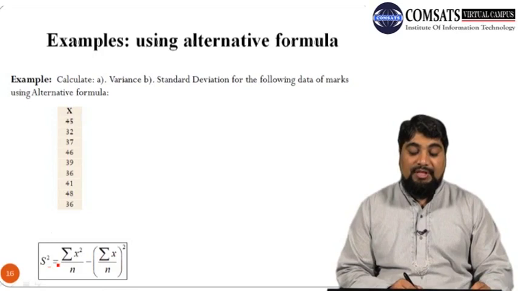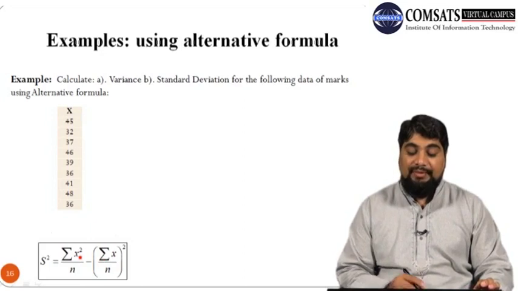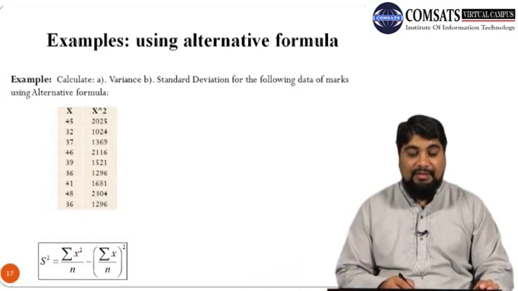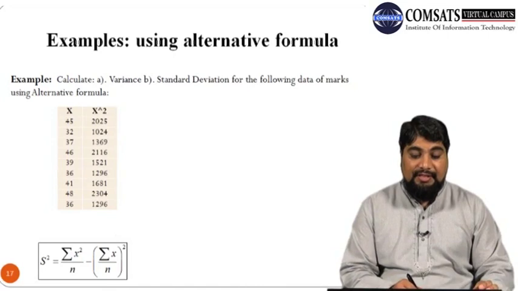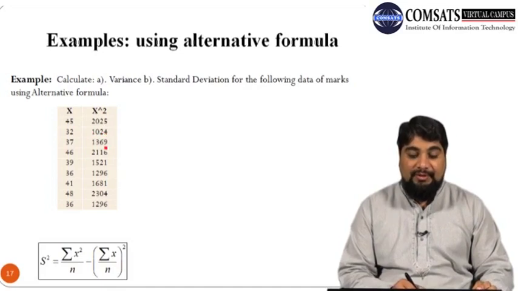So S equals the square root of this whole expression. From this formula you can see that we need this summation x square. So it means we need a next column which is the square of x, or x square. So here is the next column, x square. So 45 square we get 2025, 32 square 1024, and so on. Once we have the new column x square, look at the formula of the variance.